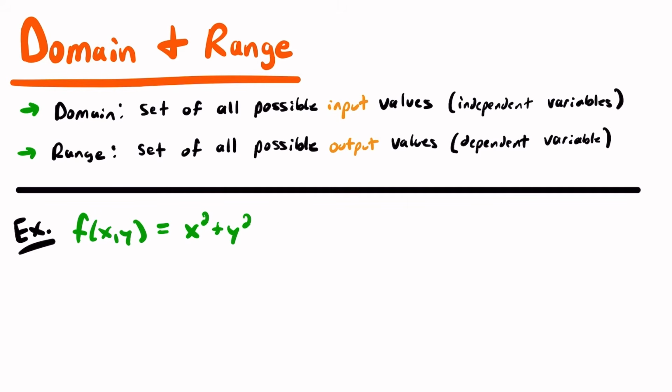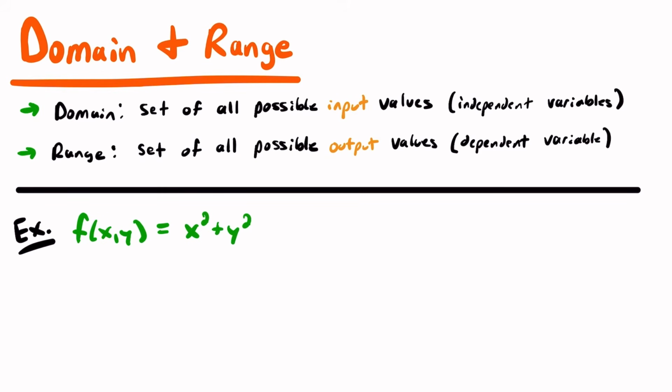Okay, you typically thought of domain as being the values of x and range being the values of y. You have to sort of alter your thinking about that here, because now with multivariable functions, y can also be an independent variable, and your dependent variable will be z, or if you have three independent variables, the dependent variable will be w. Okay, so you have to change your thinking about that a little bit, but otherwise, everything is pretty much the same.